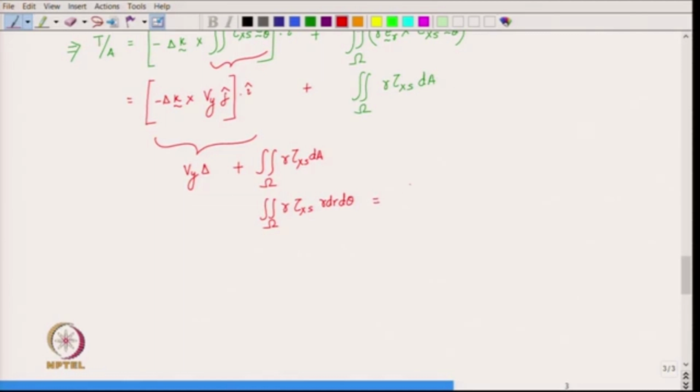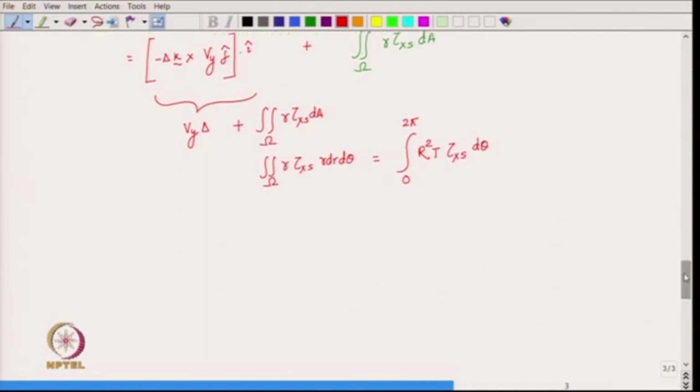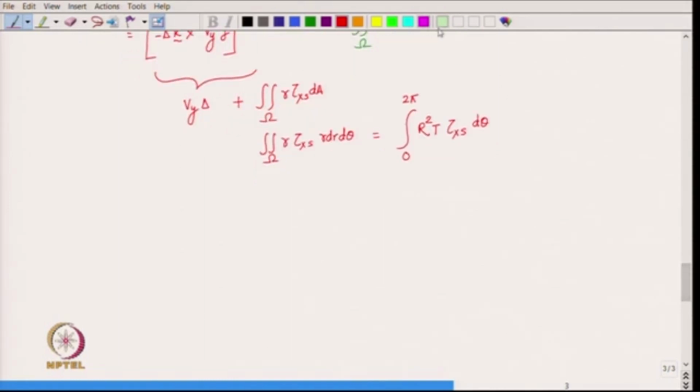So, this gives me simply an integration over theta from 0 to 2 pi r square into thickness t tau x s d theta. All right. Let us now plug in the formula for tau x s. So, we have already seen that tau x s is minus V y into q y over I z z times the thickness t.